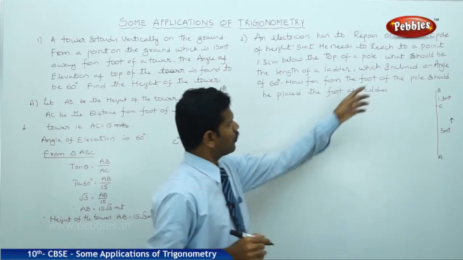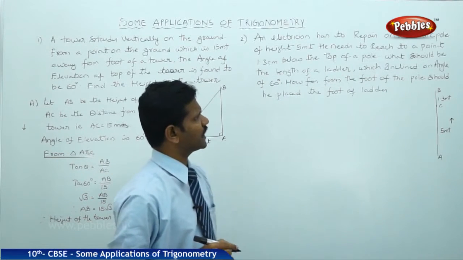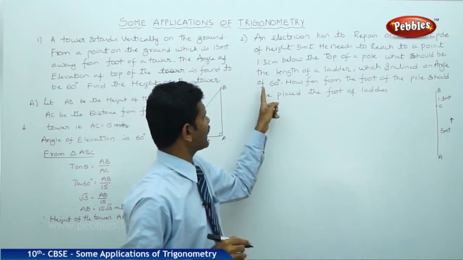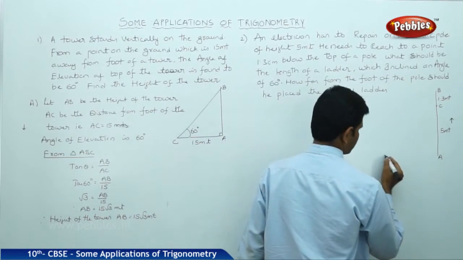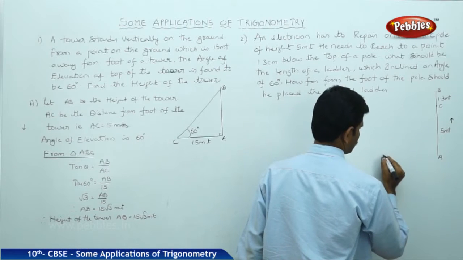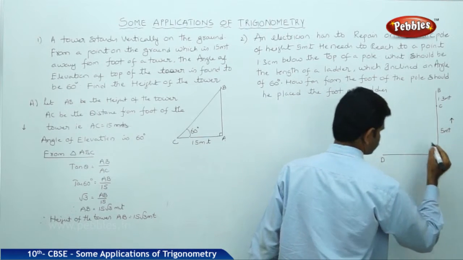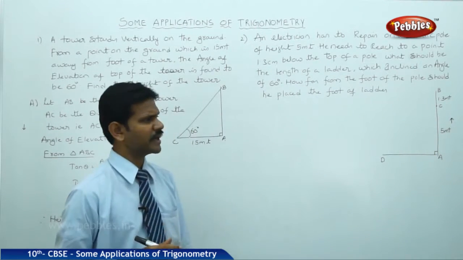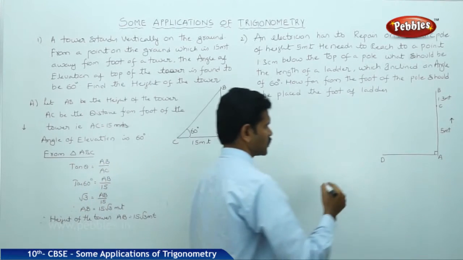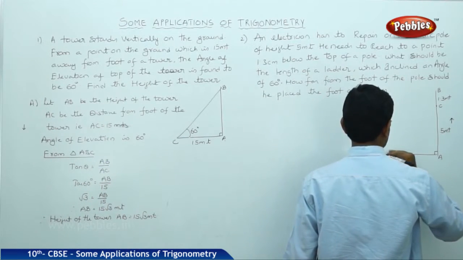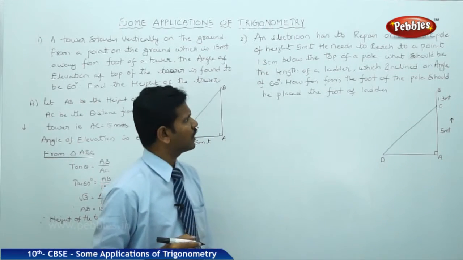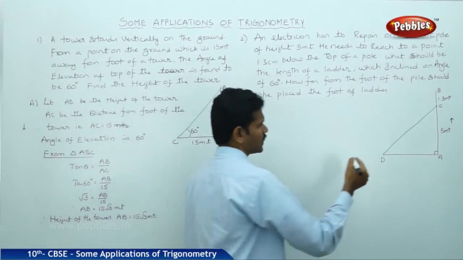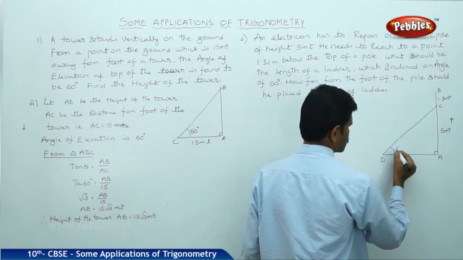Now what should be the length of the ladder which is inclined at an angle of 60 degrees? Let D be the position of the ladder which makes an angle of 90 degrees with the base. The ladder is supported at the point C and is making an angle of 60 degrees.